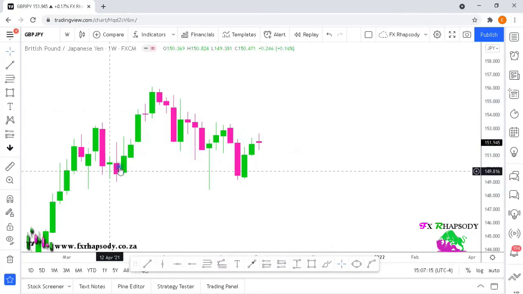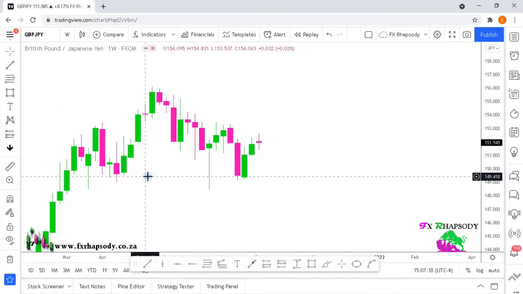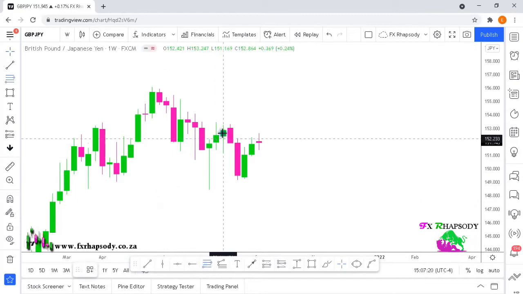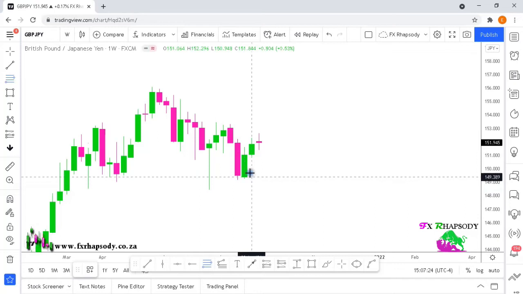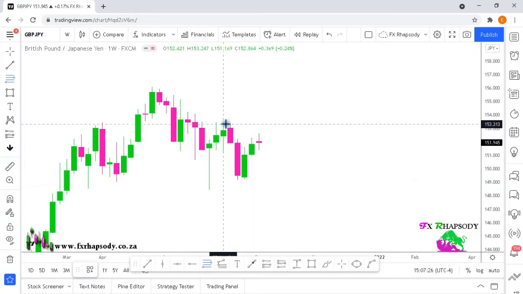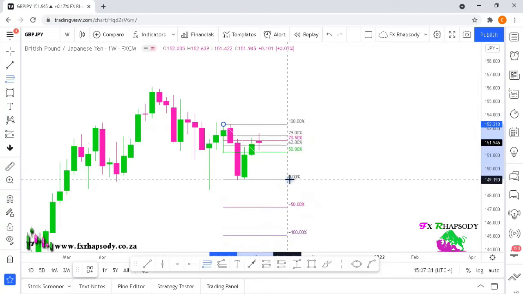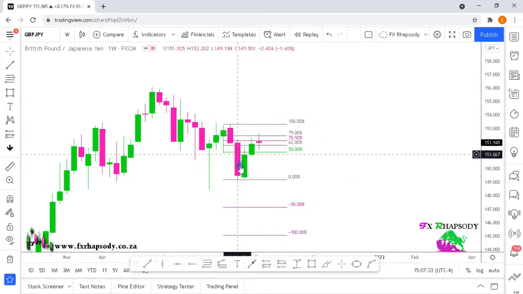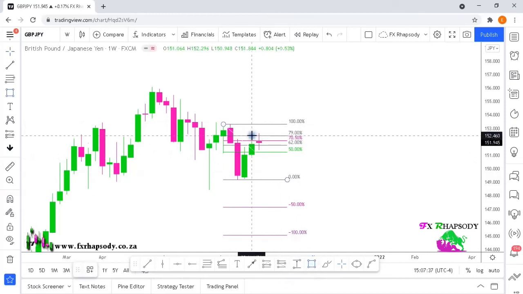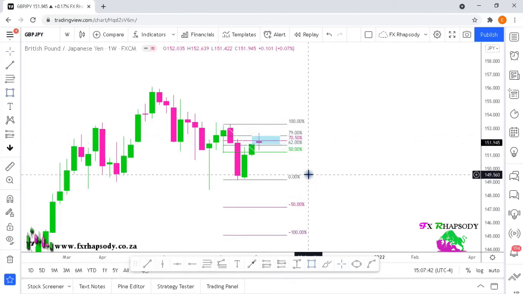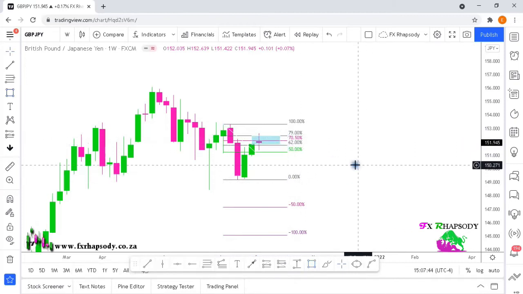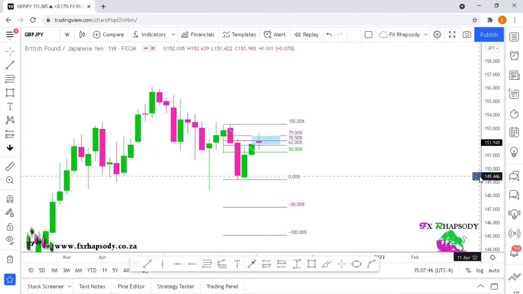Another thing we can do is take our Fibonacci. You can see that price made its way to the downside, creating a lower low, and then coming up for a lower high. Let's mark out the retracement and see what it does with the Fibonacci from the high to the low. You can see right here again, it's in that zone, between the 62% and the 79%, and it looks like price is ready to be sold off.